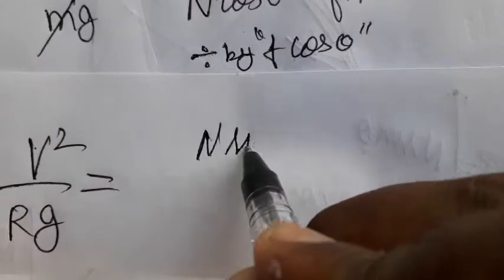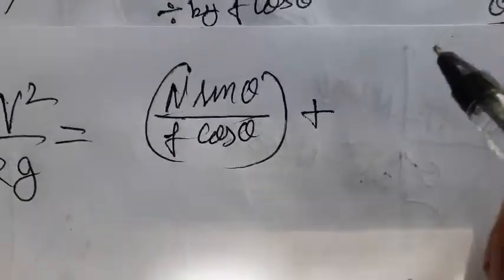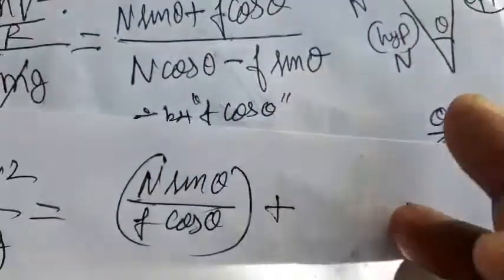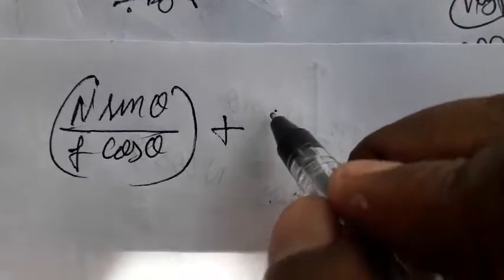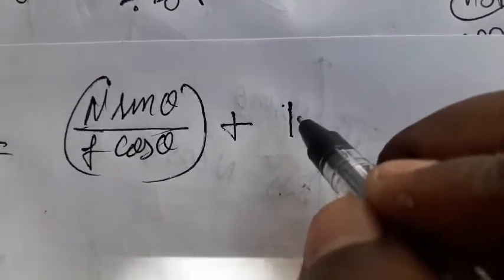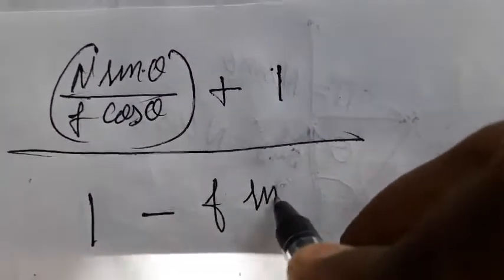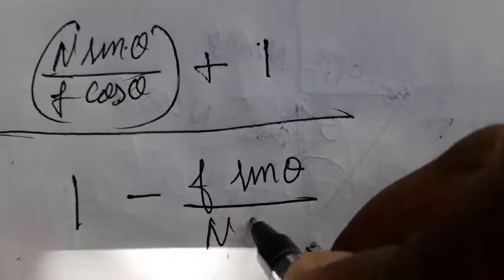So first, N sin theta divided by f cos theta. Sin by cos we will get tan theta. Already I said we can get tan theta from the angle. f cos theta you will get as 1. Divided by N cos theta will be 1 minus f sin theta divided by N cos theta.